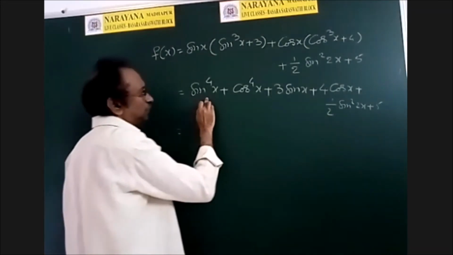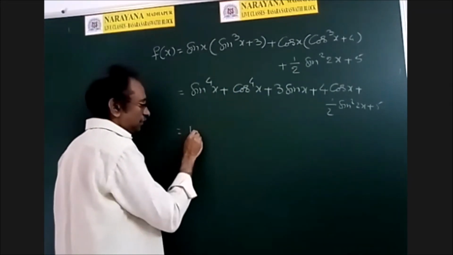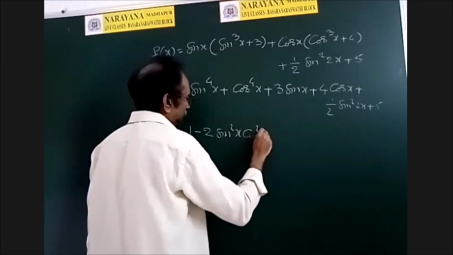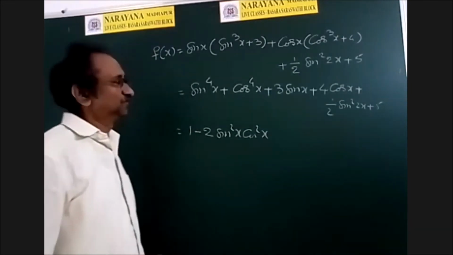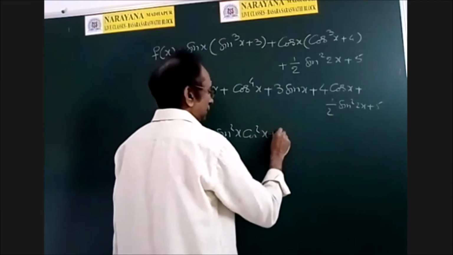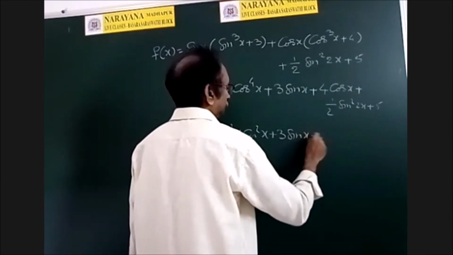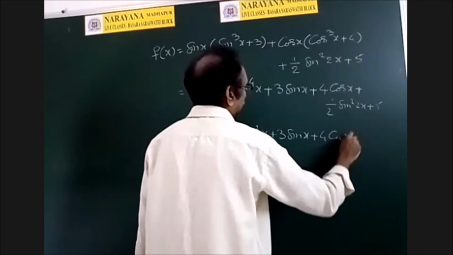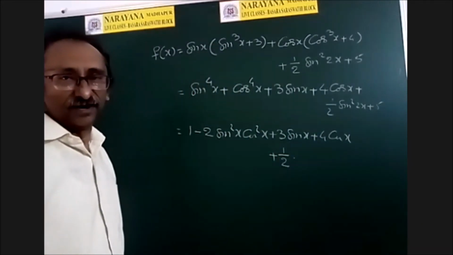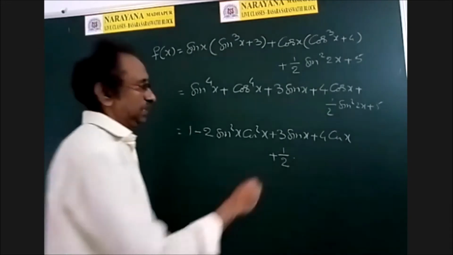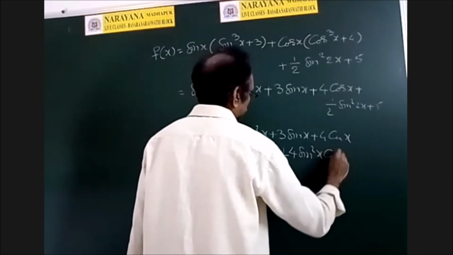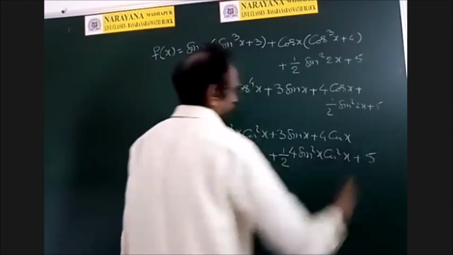And now what is sine power 4x plus cos power 4x? It is 1 minus 2 sine square x cos square x. You know how to write sine power 4 plus cos power 4. So we have 1 minus 2 sine square x cos square x plus 3 sin x plus 4 cos x plus 1 by 2 into sine square 2x, that is 2 sin x cos x whole square, that is 4 sin square x cos square x, plus 5.